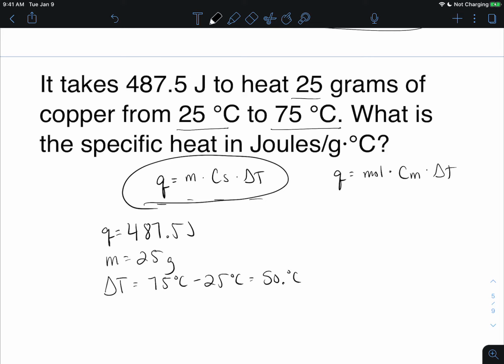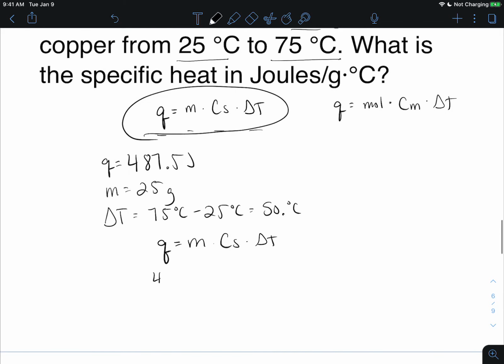Okay. Now, we're going to put all of this into our equation here. So we've got our Q, 487.5 joules, equal to our mass, 25 grams, times our specific heat, which is what we are solving for, and times our delta T, 50 degrees Celsius.